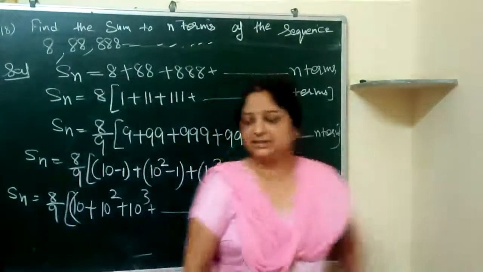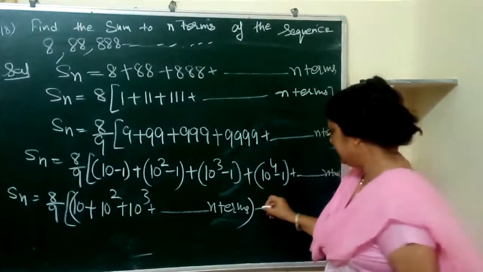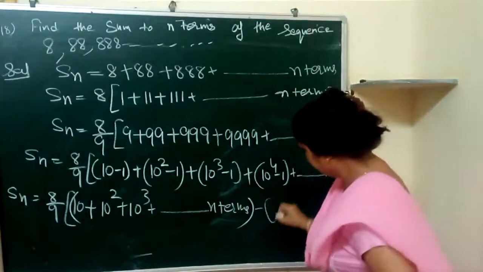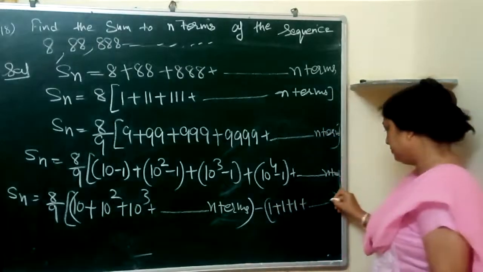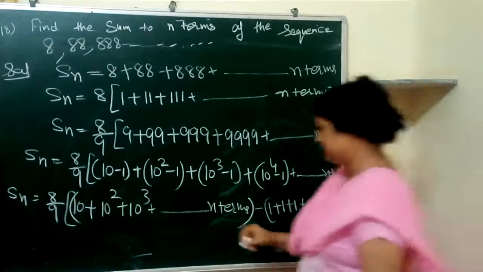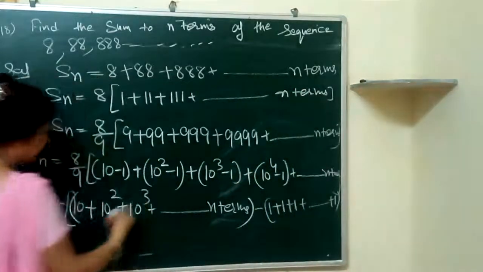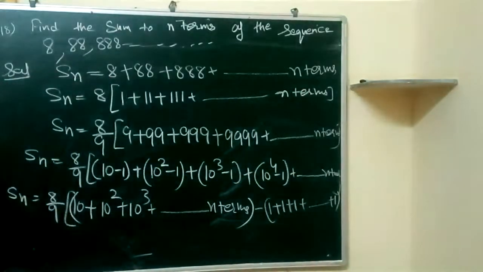So we can write this as minus of 1 plus 1 plus 1 plus up to the last term. After that you can see this is a GP.